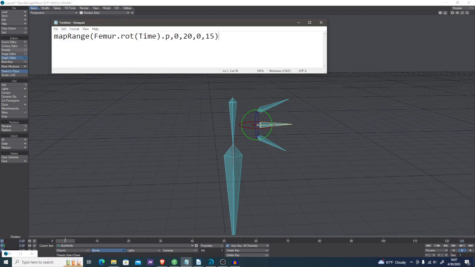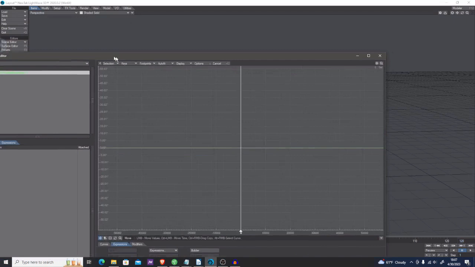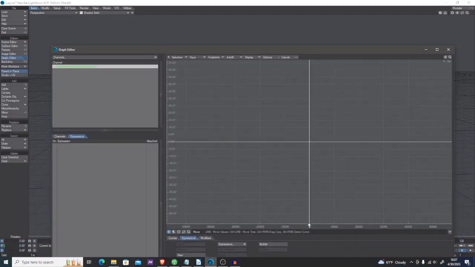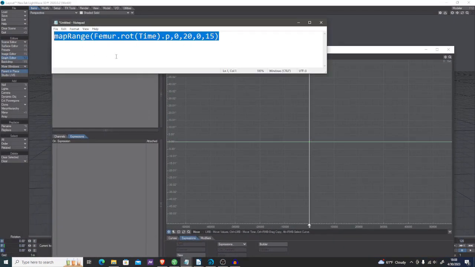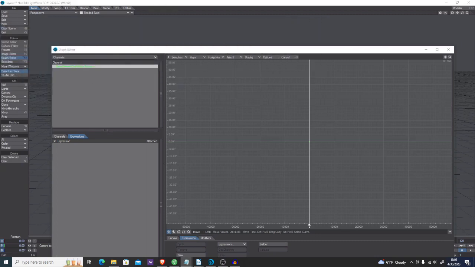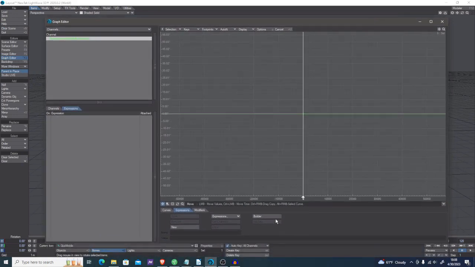Let's go ahead and apply that expression in the graph editor. Let's find this. Let's copy this one. And let's create a new expression.